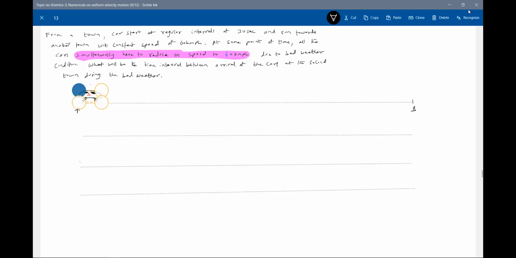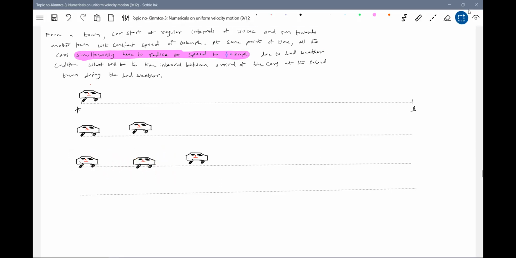It will start after 30 seconds, so it will be here. Second car will start. I'm trying to explain the concept so that it'll be easy for you.